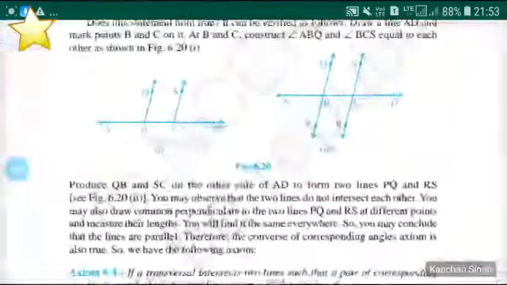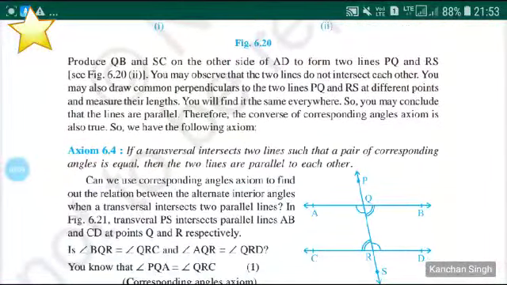Another one, just the opposite: if a transversal intersects two lines such that a pair of corresponding angles is equal, then the two lines are parallel to each other.